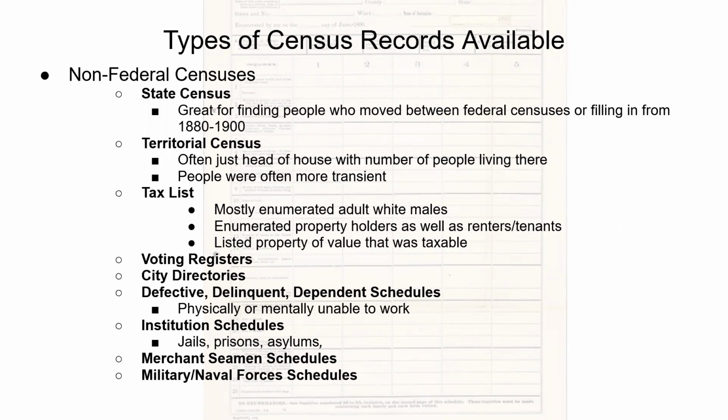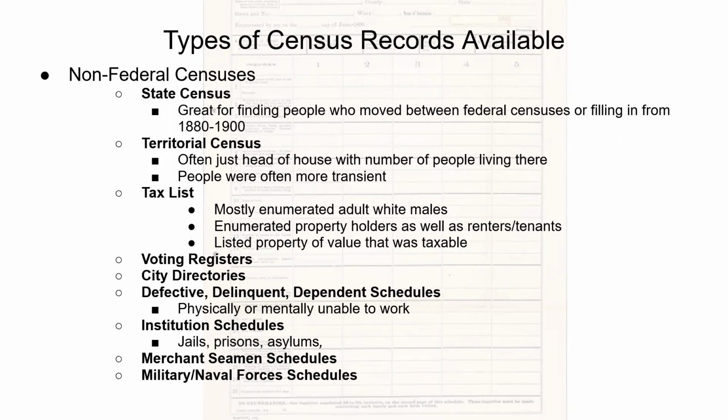There were defective, delinquent, and dependent schedules. These were lists of people who obviously wouldn't have been heads of households because they were physically or mentally unable to work, but they had to be recorded somewhere. So check these schedules.